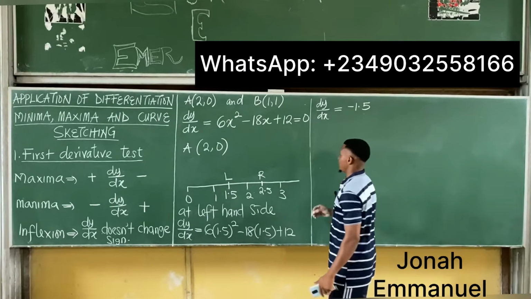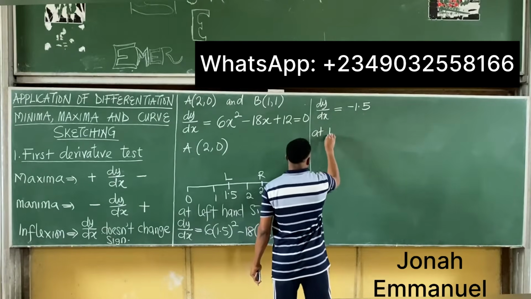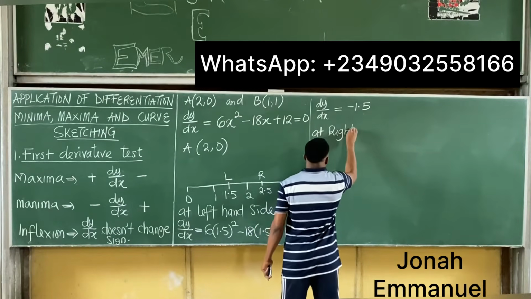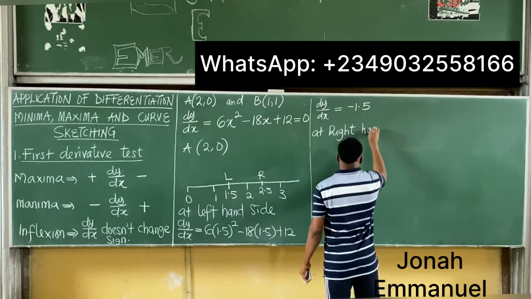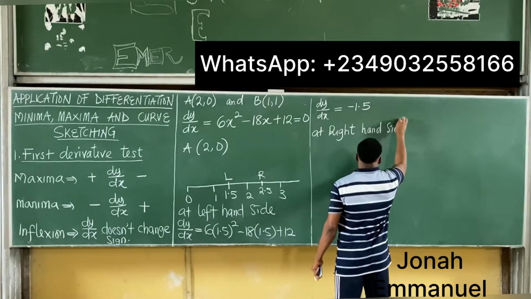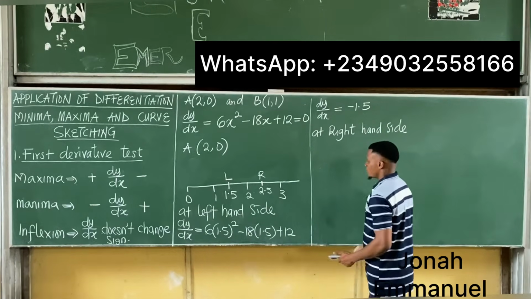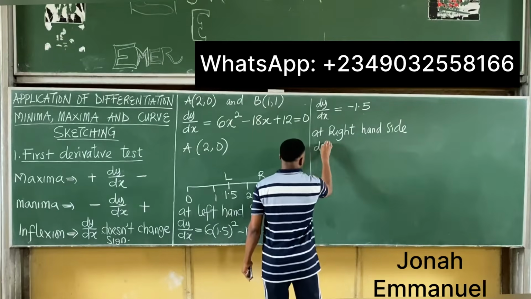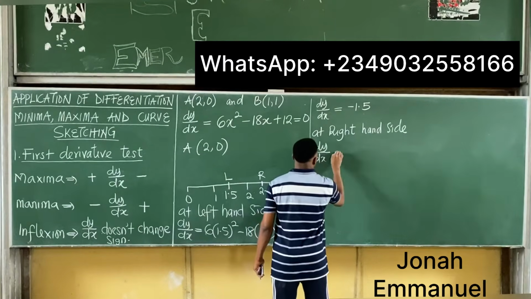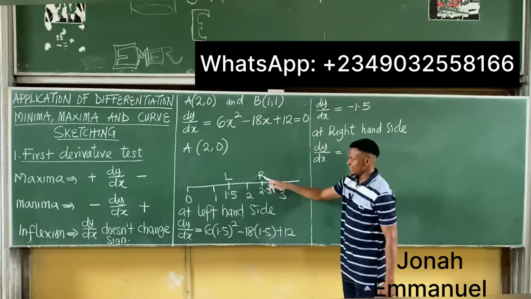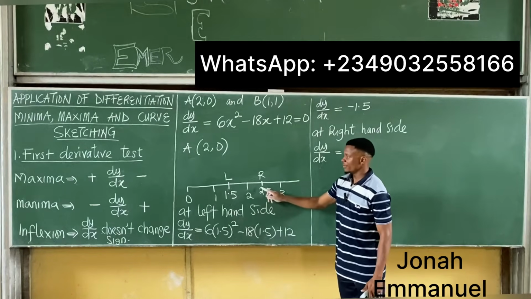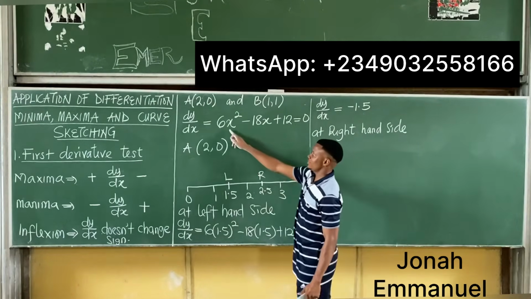Let's try the right-hand side. At the right-hand side, dy over dx is equal to, you can see that value is now 2.5. So put 2.5 as x into this.